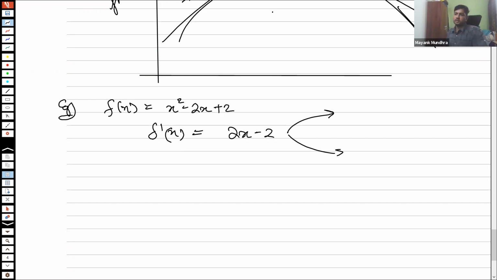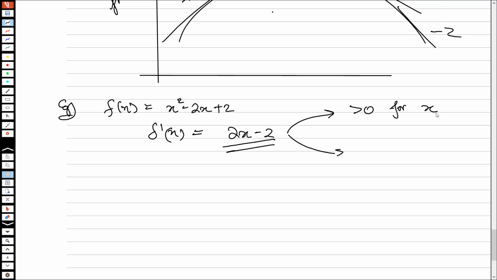Yeah, you actually. For what values of x is f prime going to be positive and when is it going to be negative? When x equals 0 or less than 0, it's going to be negative. No.